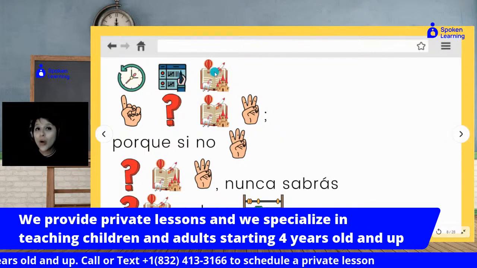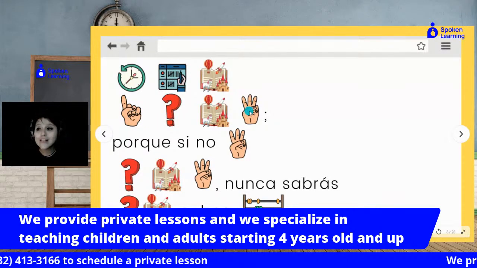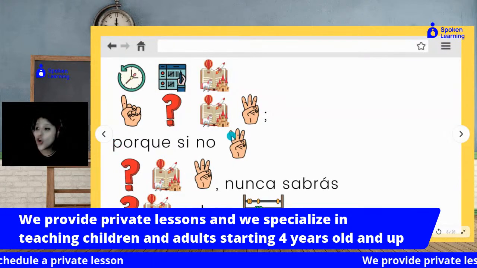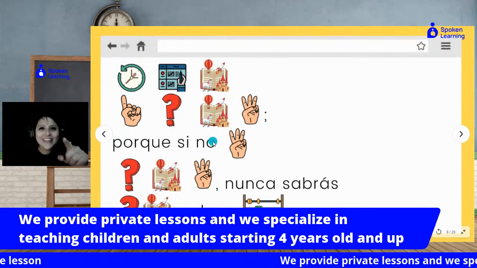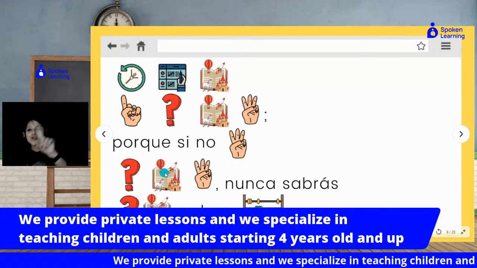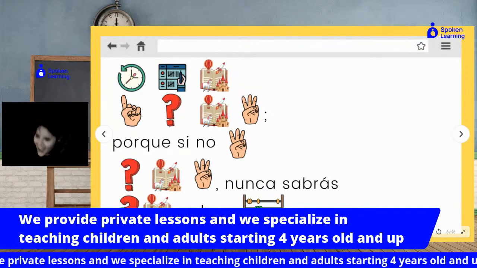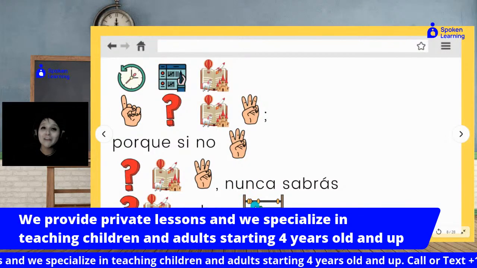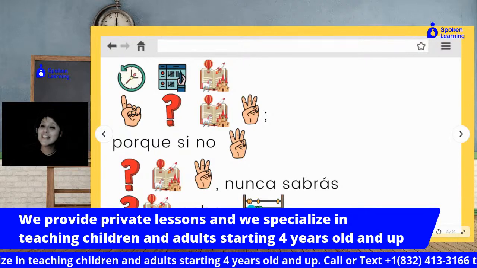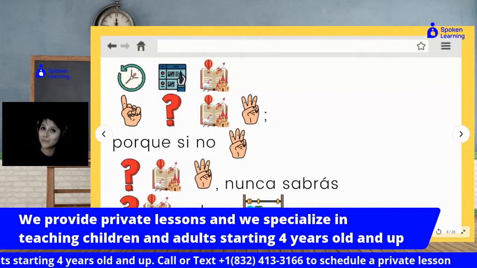Cuando cuentes cuentos, cuenta cuántos cuentos cuentas. Porque si no cuentas cuántos cuentos cuentas, nunca sabrás cuántos cuentos sabes contar. You see, even as a native speaker, you get confused with sounds.